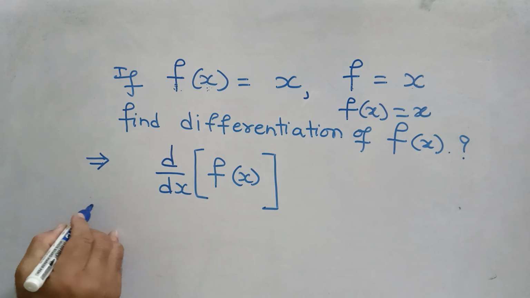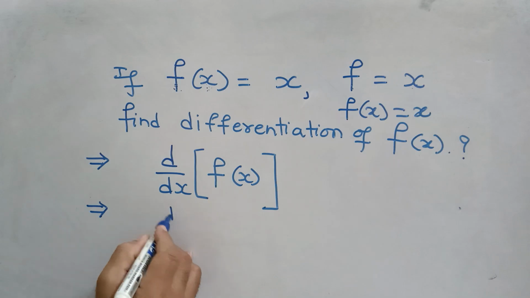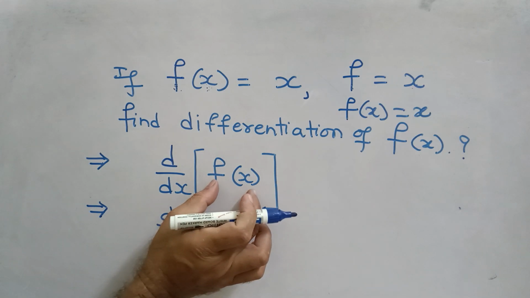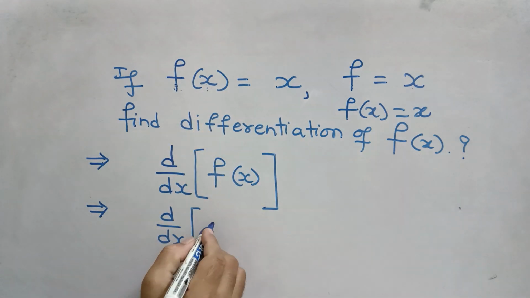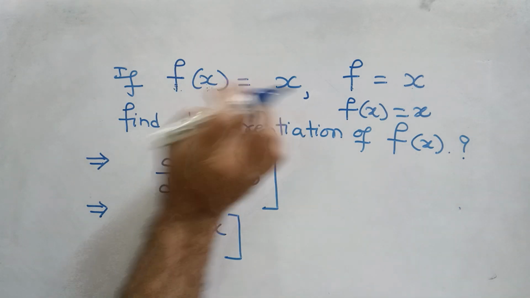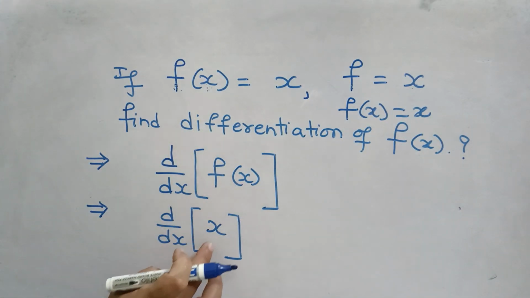And this implies d by dx of what is the f of x value? f of x is equal to x. Then you write x, because f of x is nothing but x only. Therefore, in place of f of x, you write x.